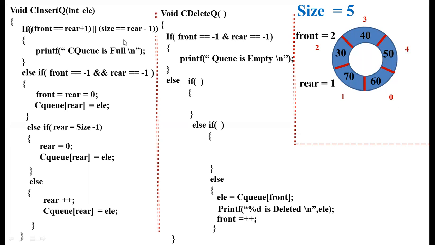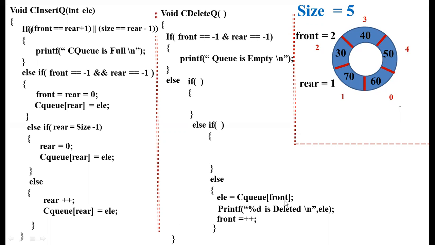Already we have completed one part, that is, the else part. Now, suppose I want to delete an element, what will it do? It will see whether the front value is equal to -1 and the rear value is equal to -1. No, this condition is not true, so it will come to this else part. Element is equal to CQ of front.